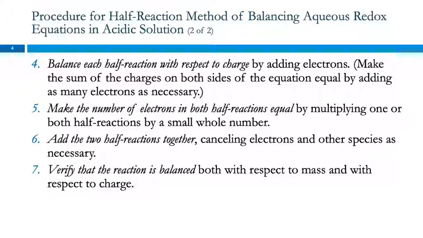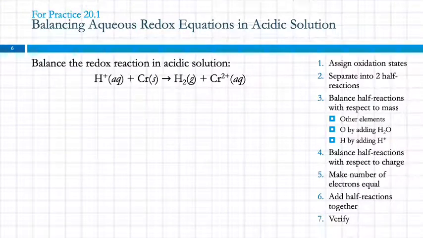So when we get that straightened out, now what we need to do is add these 2 half reactions together, and we'll want the number of electrons to be equal. So we may have to multiply one or both of the reactions by a number, and then we'll add them together, cross out extra stuff, and check it. Okay? And if that didn't really make much sense, that's okay.